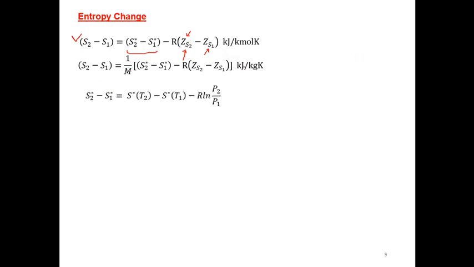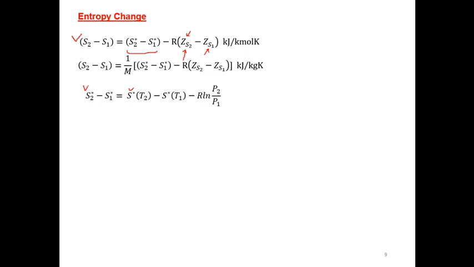So first, let's calculate for the ideal gas. This is just to change the unit. If we divide by the molar mass, that will be kilojoule per kg per Kelvin, right? For the ideal gas, you have calculated in chapter 3 how to calculate the change in entropy of the ideal gas. That's equal to S star at state 2, the standard entropy at state 2, minus standard entropy at state 1, minus R ln P2 by P1.